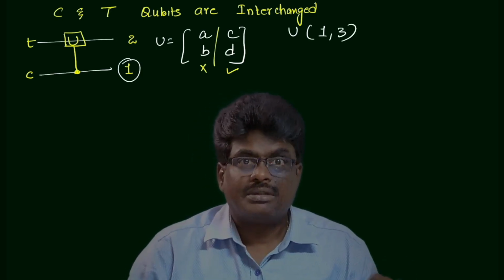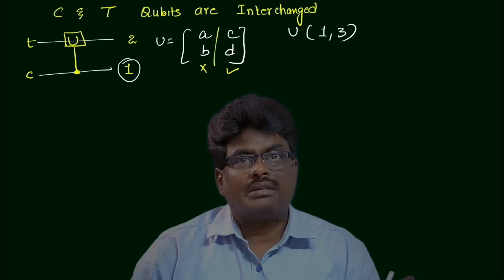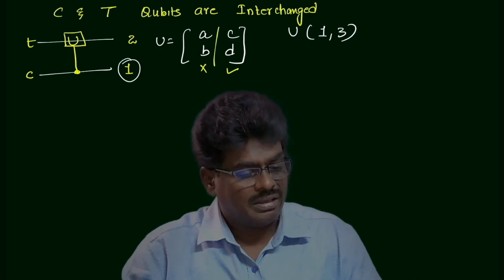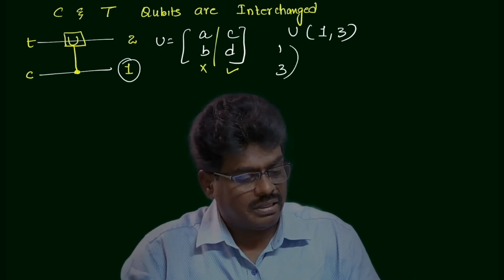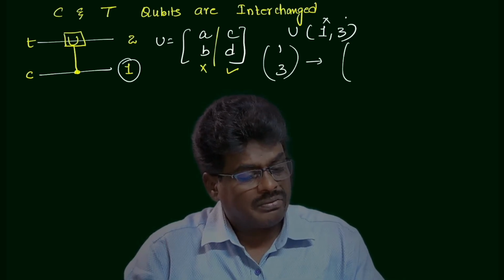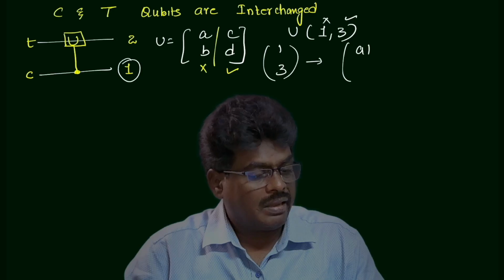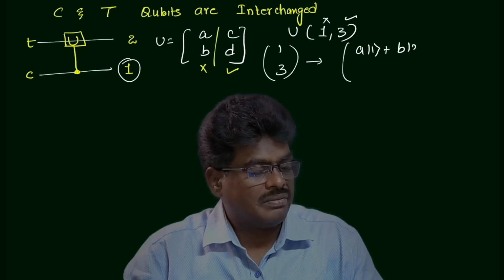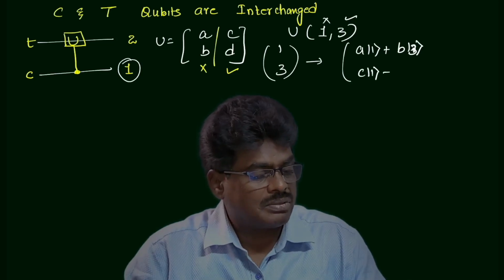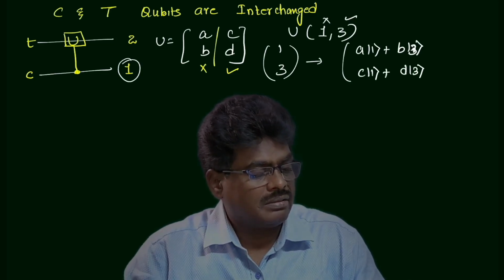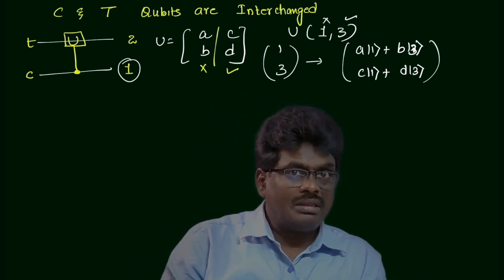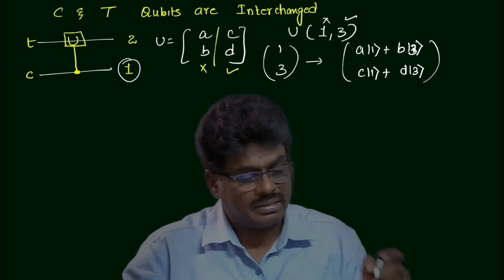So it creates a superposition of 1 and 3, and 0 and 2 won't change. Here 1 is off, 3 is on, that's why A1 plus B3 from the first column, and 3 is on, that's why second column, C1 and D3. You should not write C3 and D1, please remember, the 1 3 order must always be the same.